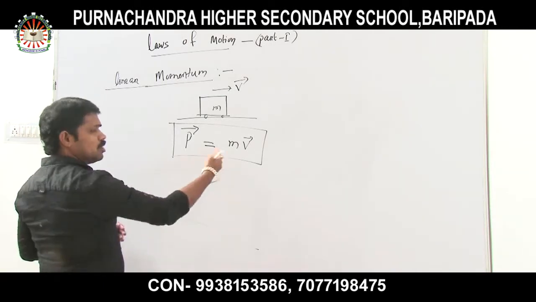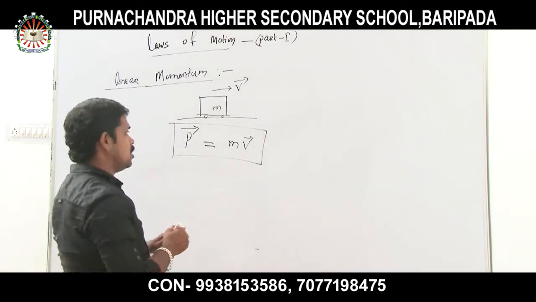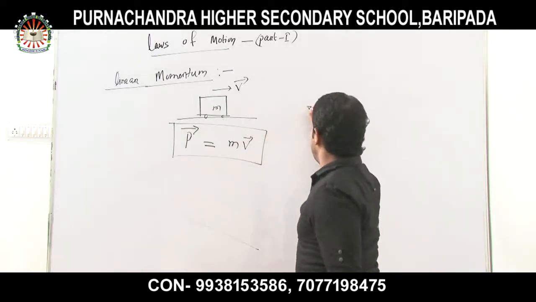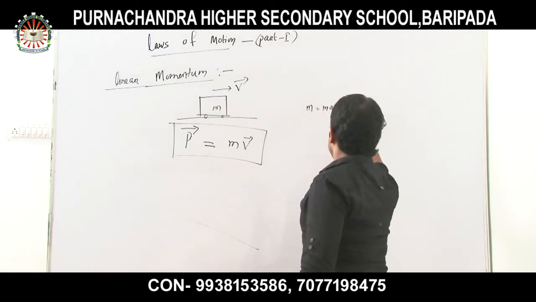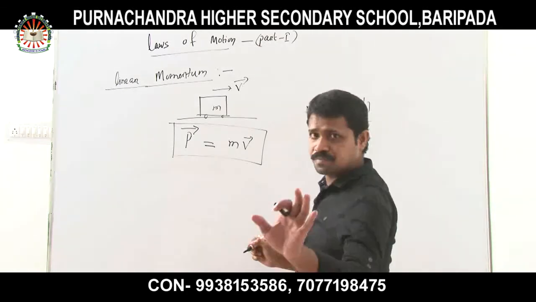Clear? And you can also find out the dimensional formula. How can you find the dimensional formula? m is the mass, so the dimensional formula is M^1.